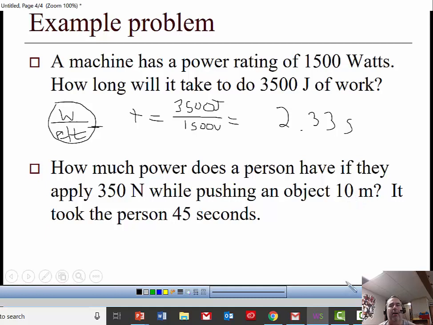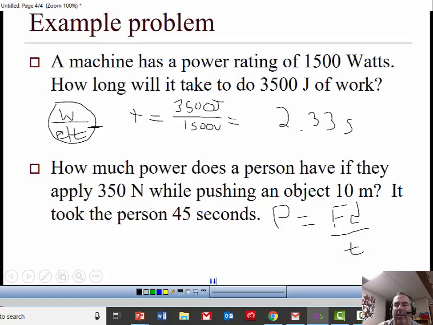If we look down at the bottom one, this one says how much power does a person have if they apply 350 newtons while pushing an object 10 meters, and it took the person 45 seconds. So when I look at this one, this is one that's going to be like what I just got done talking about. We don't have a joules number in there, we don't have a work.